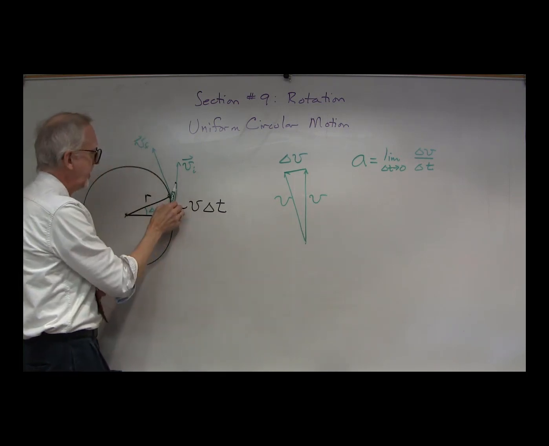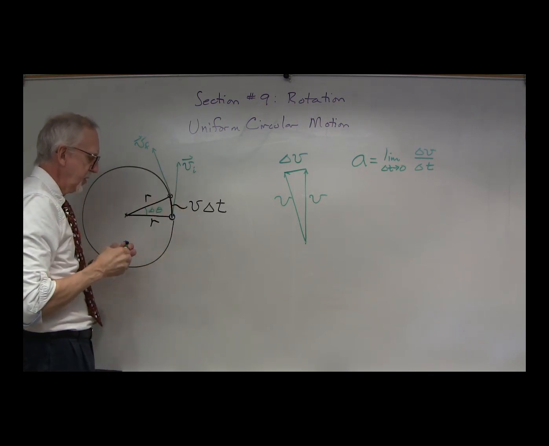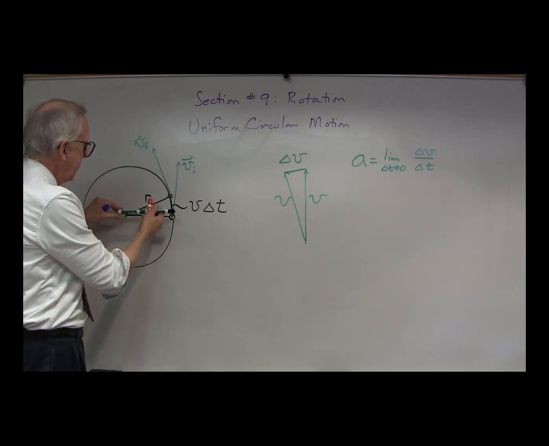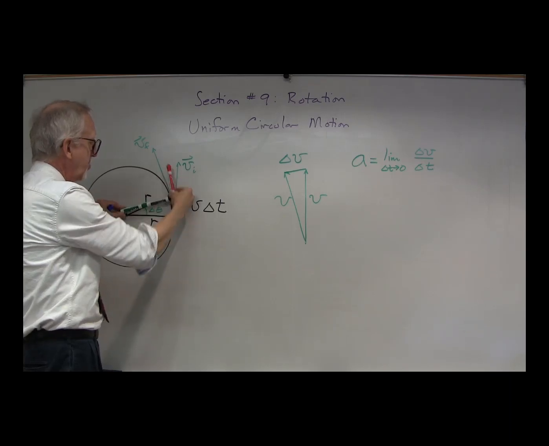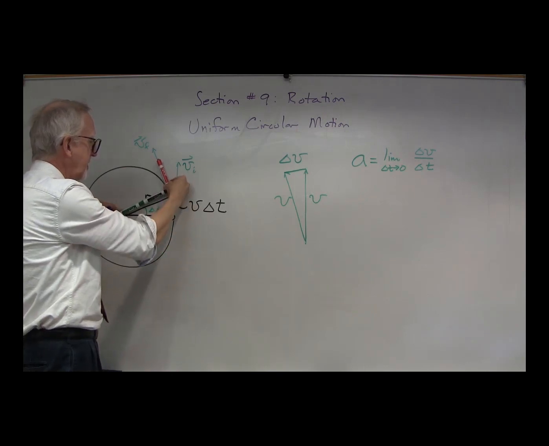In other words, from here to here, how much has the initial rotated to final? Well, I think that we can see that if we have this radius here and the velocity vector is perpendicular to that, if we rotate the radial line delta theta, v is also going to rotate delta theta.